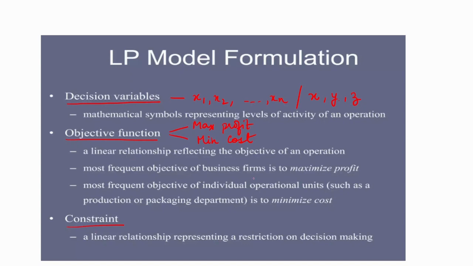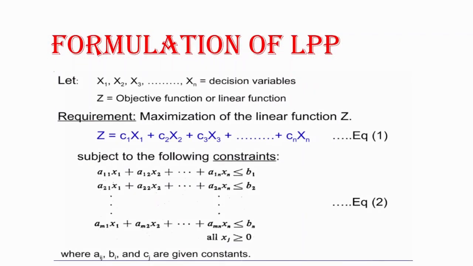The most frequent objective, as I told you, is to maximize the profit. The most frequent objective also is to minimize the cost. So it could be either of these. Constraint, again, has to be a linear relationship with a restriction on the decision variables. So this is how we can formulate our LPP, the linear programming problem.